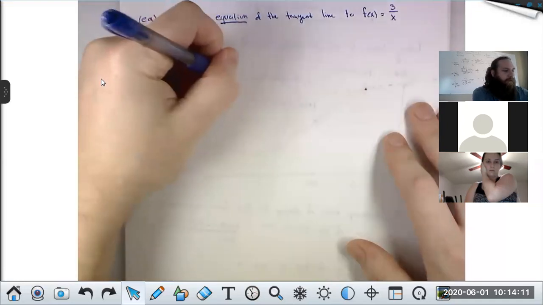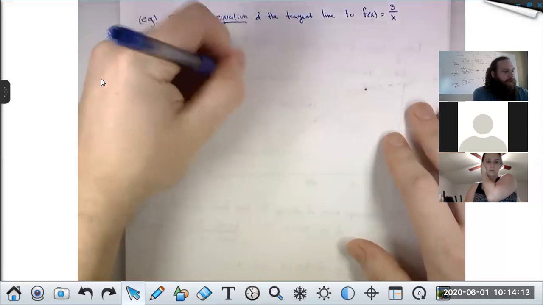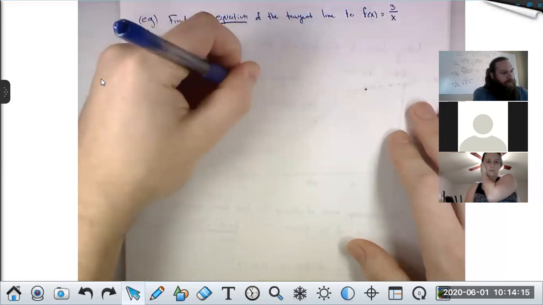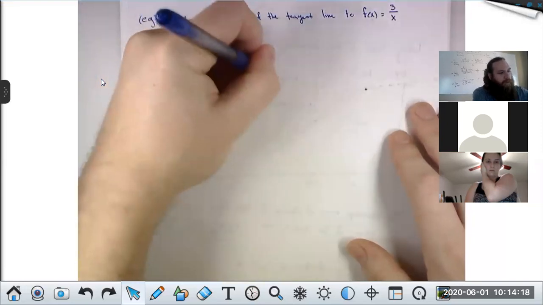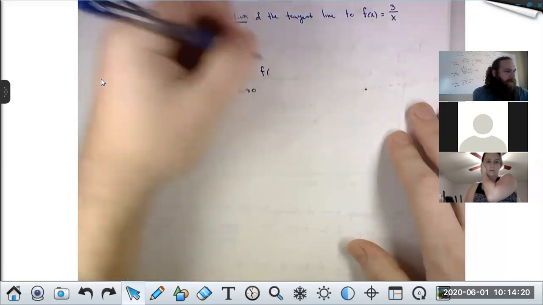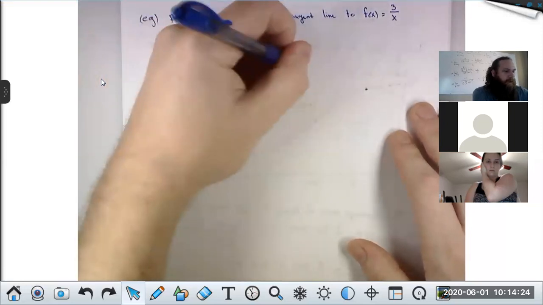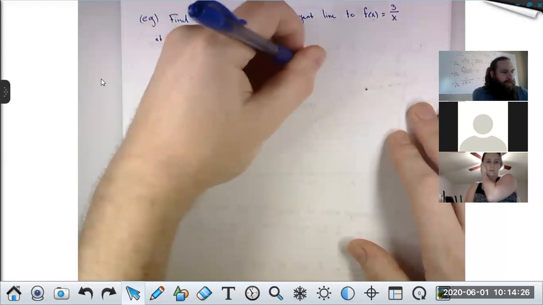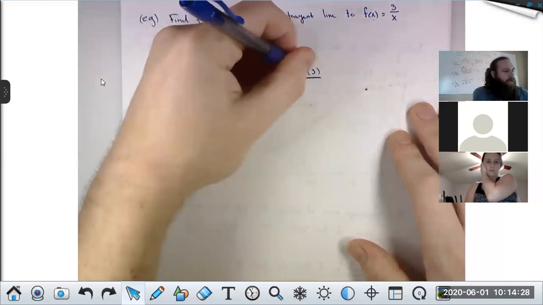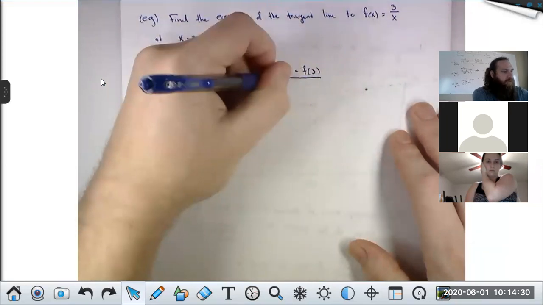And according to the definition we just wrote down, this is the limit as h goes to 0 of f of a plus h, that's f of 3 plus h, minus f of a, that's f of 3, all over h.